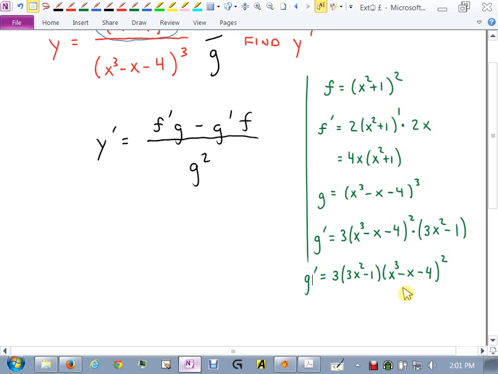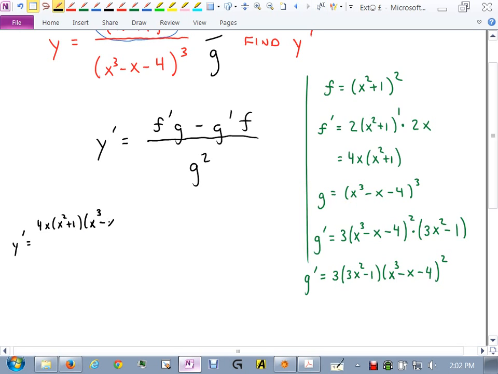All right, are you ready to put the answer together? It's going to look real bad, but it's going to be this right here. So make sure you have plenty of room. Y prime equals f prime, which is this right here. So 4x times x squared plus 1 times g, not g prime, right? Times g, which is here.